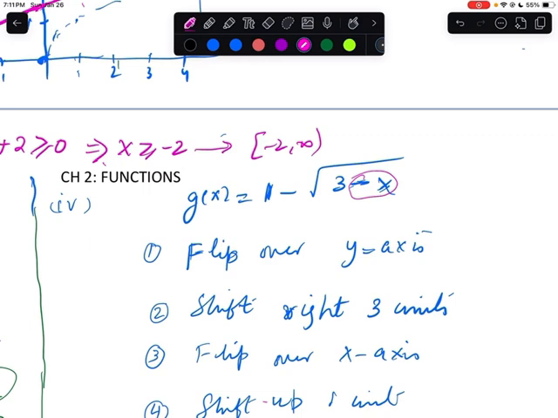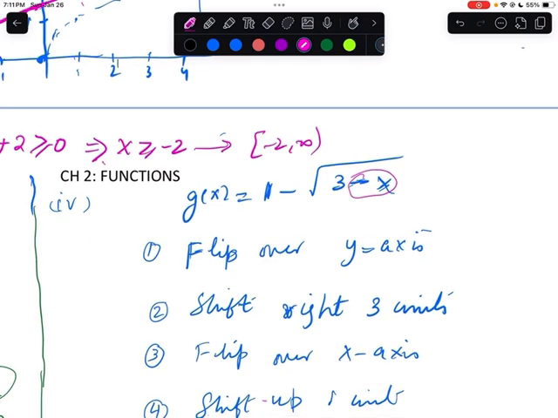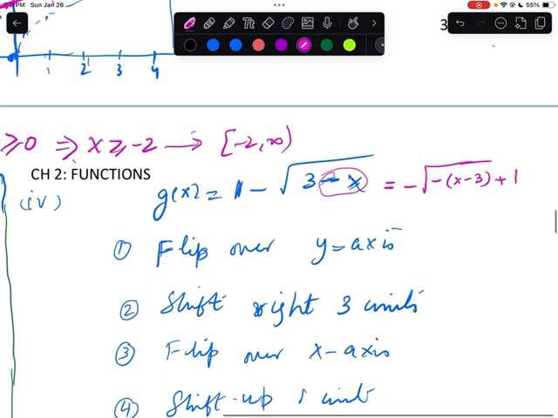Remember, we wrote it as negative of square root of negative x minus 3, plus 1. This plus 1 is going to give us go up 1 unit, and this negative sign over here is flip over the x-axis.